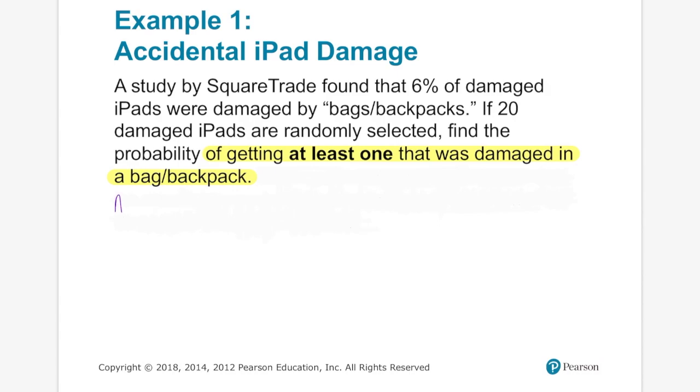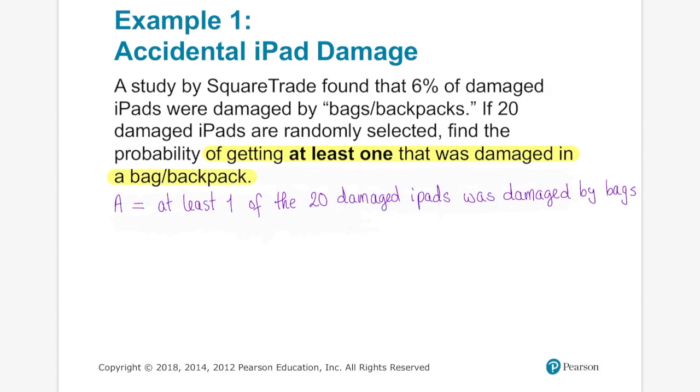So that is my event A. Next, I am going to look for the complement of A. Complement of at least one is none. Complement of A is the event of not getting at least one iPad damaged by bags or backpack. That means all of the 20 iPads were damaged in a different way other than bags or backpack.